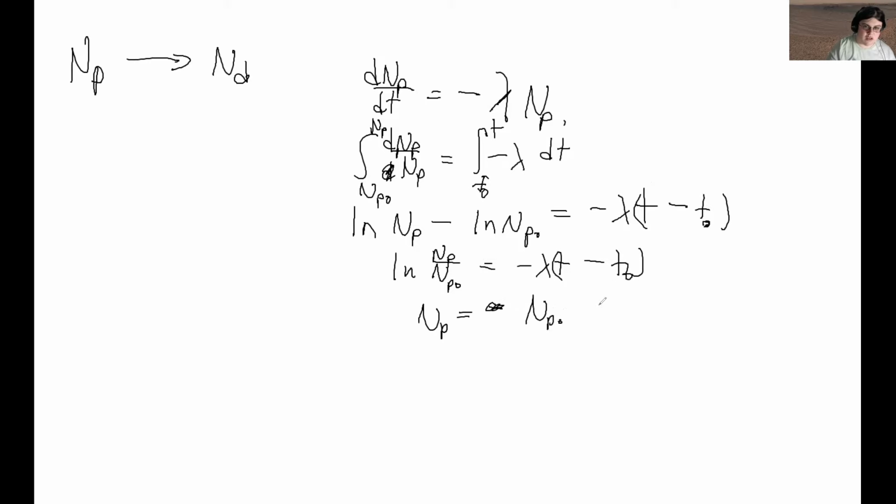And N_P equals N_P naught e to the negative lambda (t minus t naught). Now notice lambda has units of 1 over time.